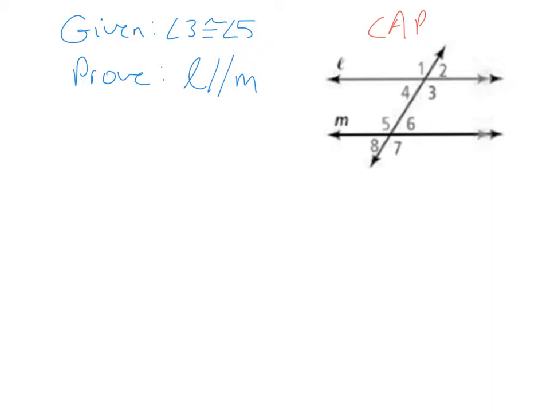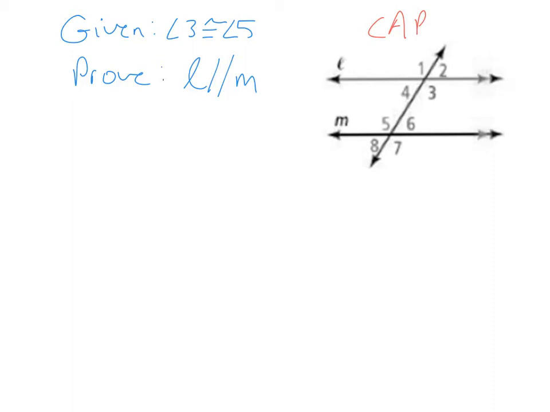If I can say that in my proof, then because of the postulate working backwards from what we've been doing, I know the lines are parallel. It's going to have a different feel, and you really need to focus on the reasoning behind each step here.